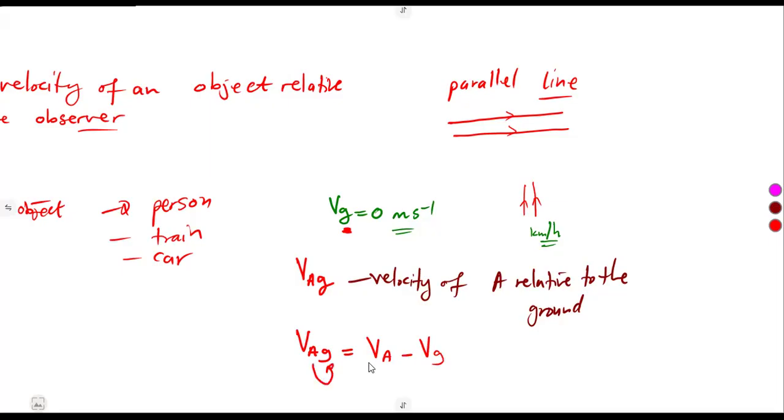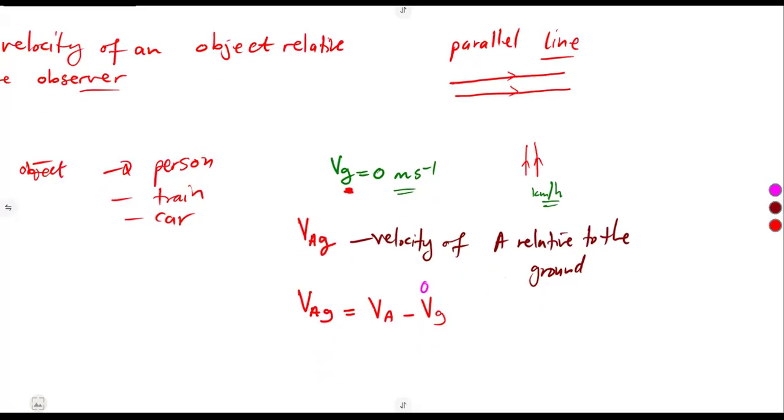But we noticed that VG is zero. So at the end of the day, our VAG, which is the velocity of A with respect to the ground, is equal to VA.